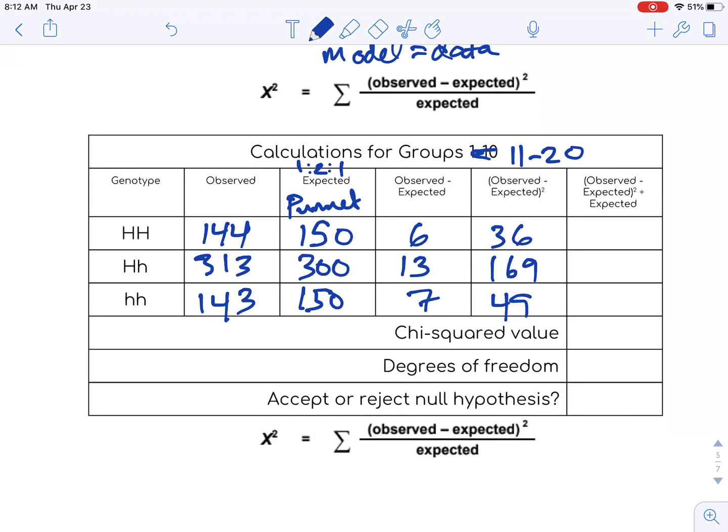So 36, we're going to divide that by the expected value, which is 150. And we're going to get 0.24. Clear out. 169 divided by 300 equals 0.56. So even though our numbers were big, still looks like we're not even close to building up enough.